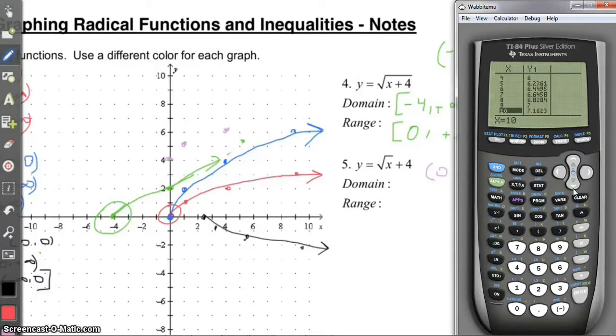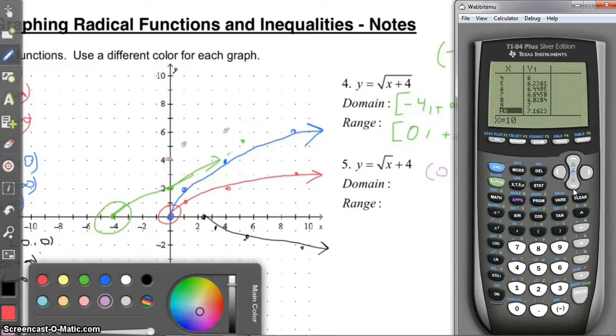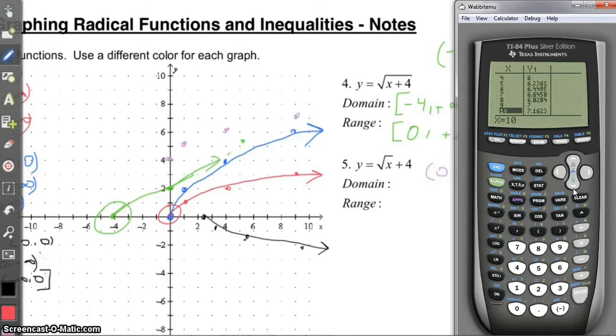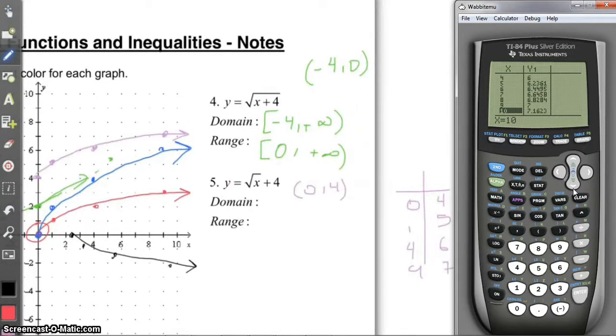Then 9, 7. So that's going to be your shooting star again. And the domain is going to be from the x of the endpoint, so from 0 to infinity. And the range is going to be from the y, so 4 to plus infinity, since it's a shooting star.